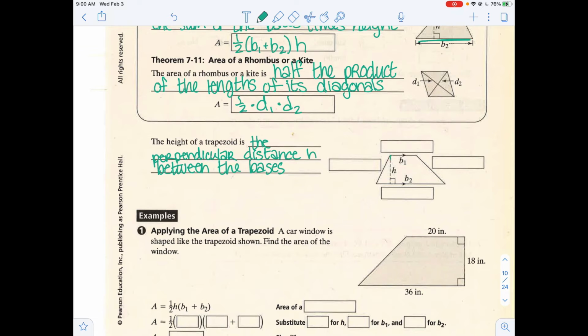So right here, this dotted line is the height. Then the bottom line that's parallel to the top line, those two are bases, and then each side is called a leg.